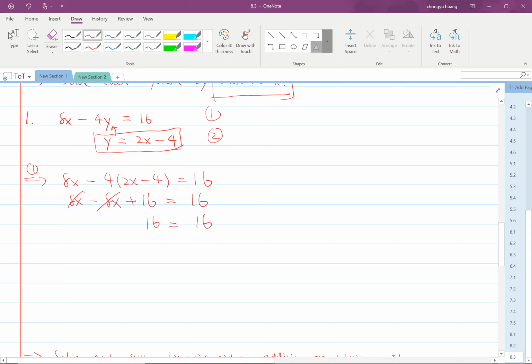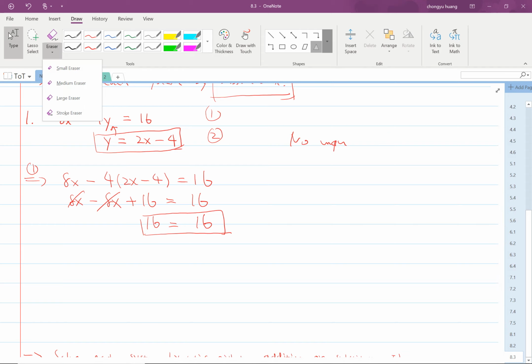As you can see, the final statement we have is 16 equals 16. So that basically means we don't have a unique solution, because the variable is gone. You can see the variable gets canceled. No unique solution.